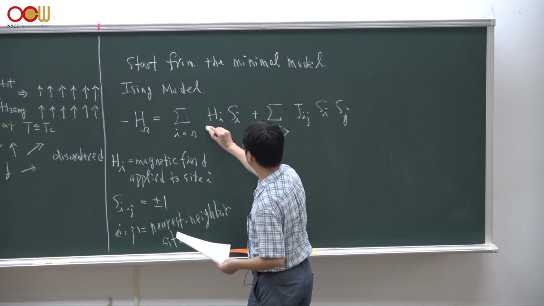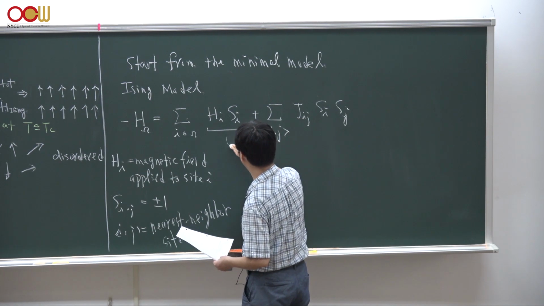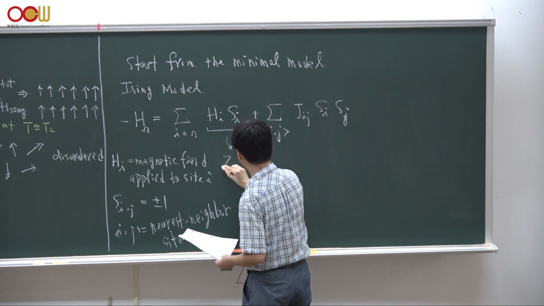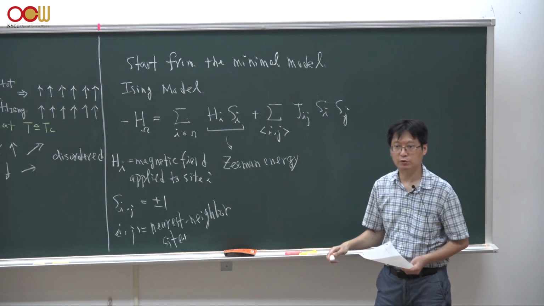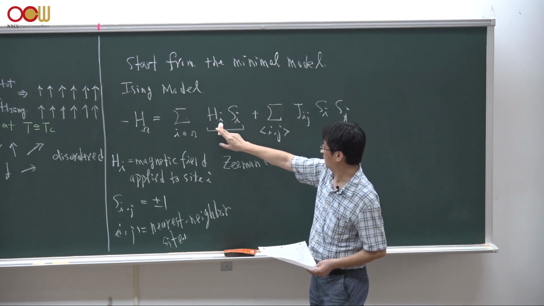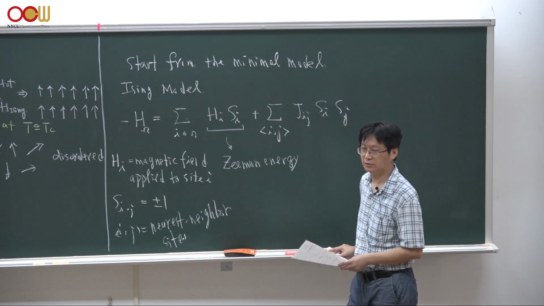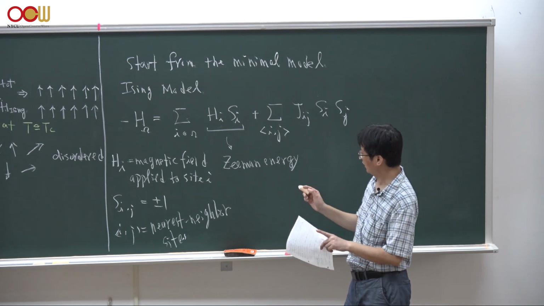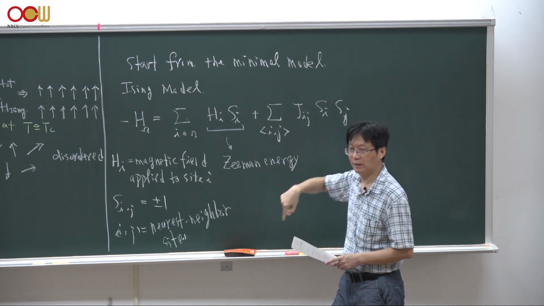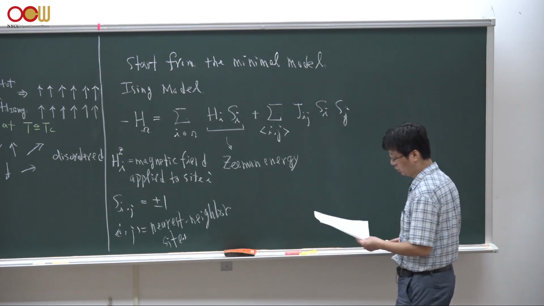The Hi times Si term is the Zeeman energy. For a local spin coupled to the magnetic field, we have the Zeeman energy minus Hi dot Si, since both Hi and Si point along the z or minus z axis. Here is the total Hamiltonian.